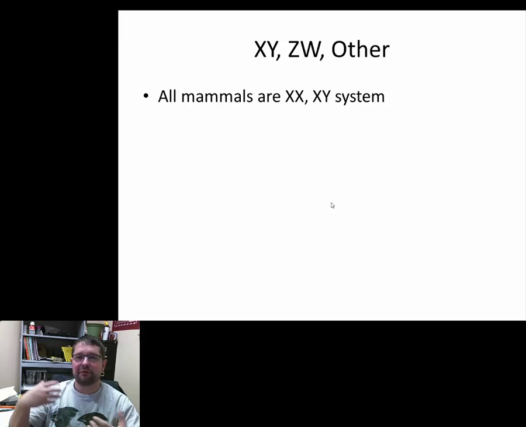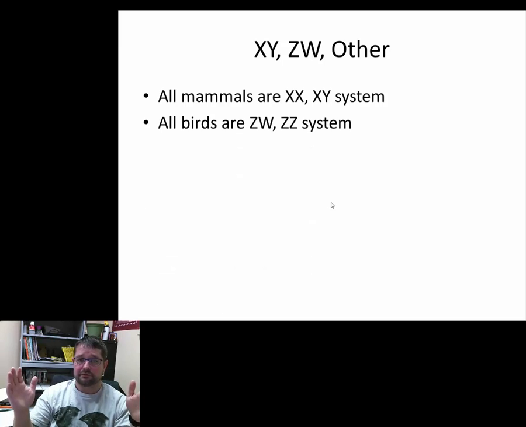So when we look at mammalian examples of chromosomes, we talk about ourselves and our system, and that's an XX, XY system. XX female, XY male, and that's pretty much the way it is for almost all mammals, at least all mammals that I'm aware of. If that's not true, I will definitely update this to make it true.